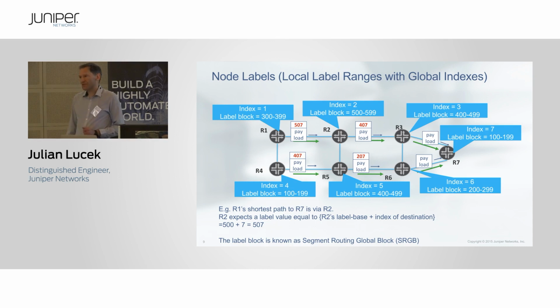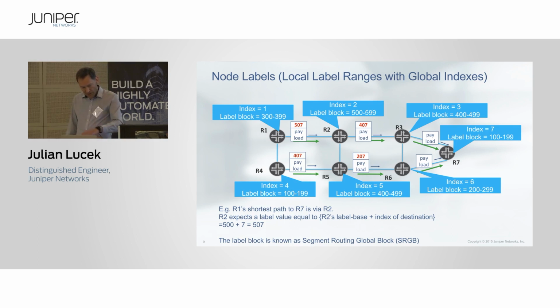The other thing that each node does is to advertise a label block. And so this label block is the block of labels that the router has assigned for packets arriving at it, or transiting through it, which it uses for this shortest path forwarding.